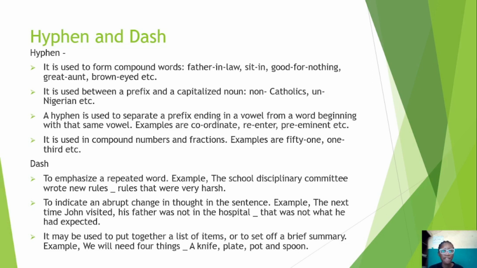We have hyphen and dash. Sometimes it's very easy to confuse these punctuation marks, but we'll see the difference between them. What we use hyphen to do majorly is to form compound words.